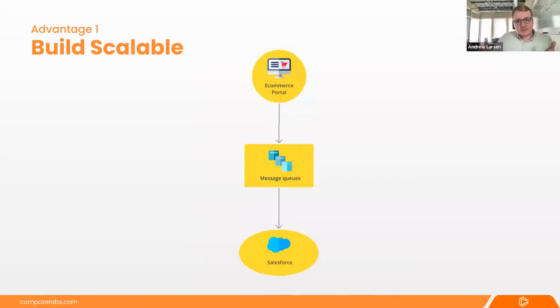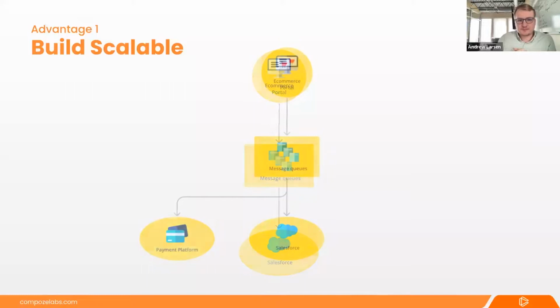But let's take a step back. So we have our e-commerce portal, and we now introduce a series of messaging queues to communicate order information. So the first thing we have is the CRM subscriber, Salesforce. So that's going to be reading from that queue and doing whatever it needs to do. Then we need to add the payment platform in.